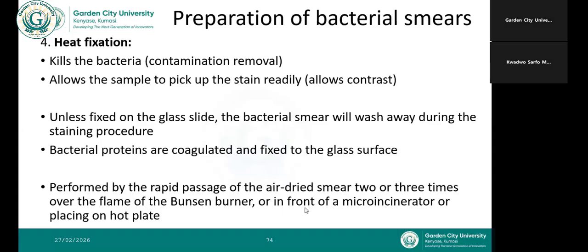With the micro incinerator, you can just move it in front and not have the smear destroyed. If you can regulate, this time we have the automated type, you can regulate and then just place it in, or you can have it in the dry air oven, but you regulate the temperature.